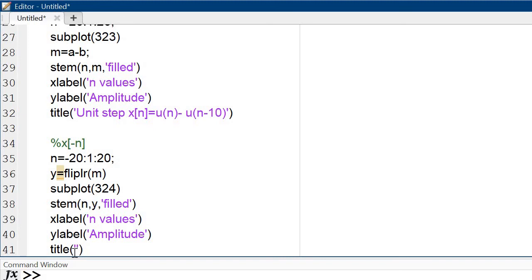Now in the case of this title, this is the flip part, or we can say that minus n. It means x of minus n, it means the values are basically u of n. This one means the reverse part, right?